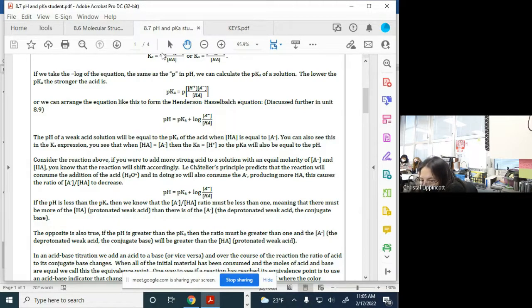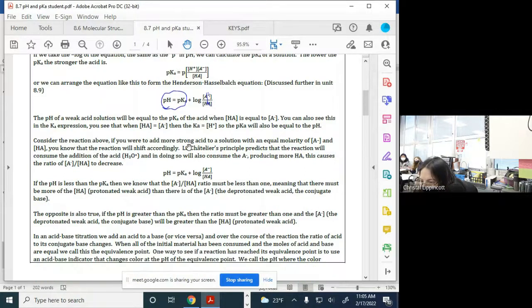The pH of the weak acid solution then will be equal to the pKa of the acid when the HA is equal to the A minus. So if that ratio is 1, then this is going to equal this. So if you've got the same concentration here and here, these will equal each other. Okay? So that's all they're saying there.